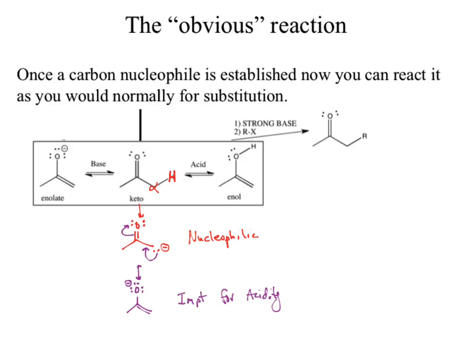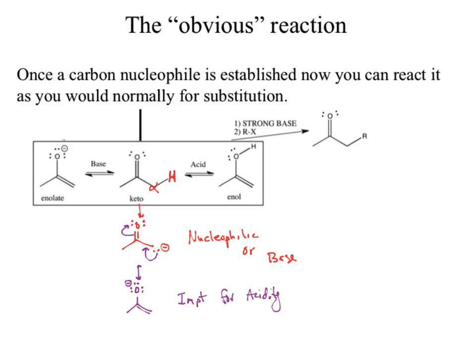How did I get that red carbon, that nucleophilic carbon? What did I do? How did I make that basic carbon? I removed a hydrogen. If I have it act as a base, what am I doing? I'm just doing the reverse. I would be undoing the chemistry that I started.